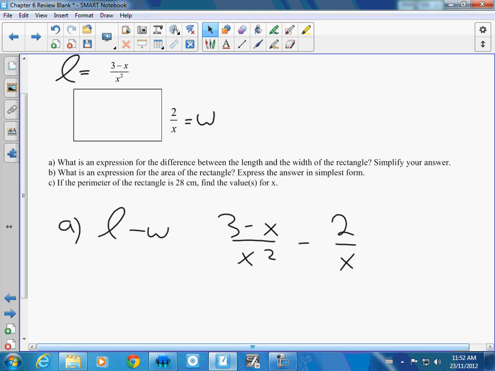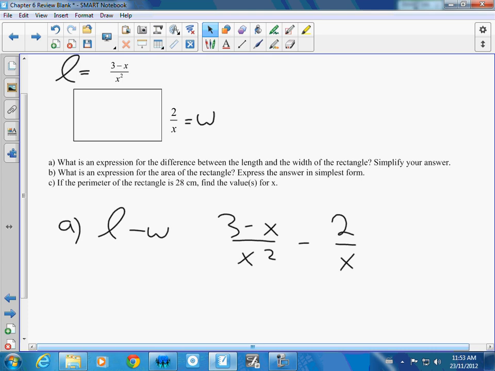Now, the next part says, simplify your answer. So does that mean common denominator? LCD, find one that's the same, and simplify. We have an x squared and we have an x. Would x cubed work? Yes, it would.